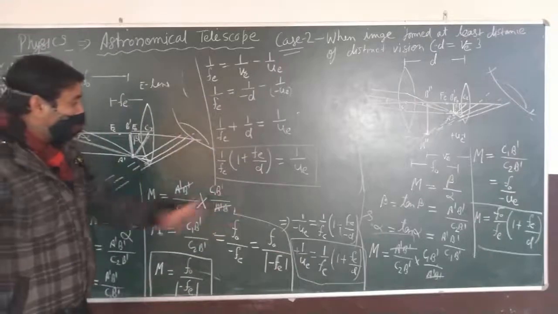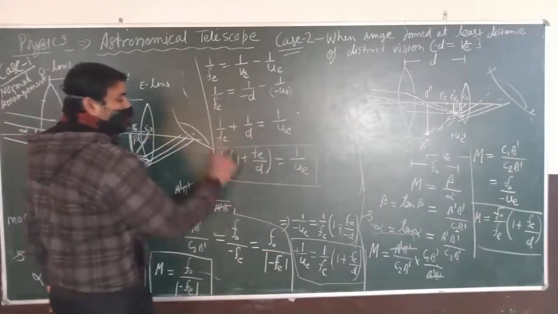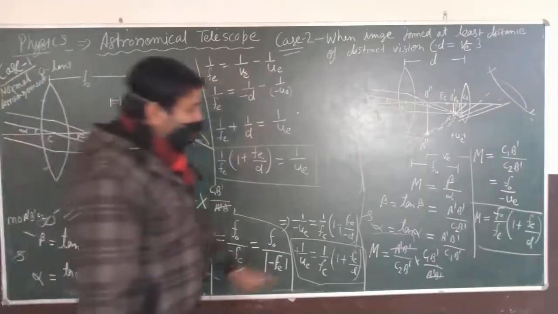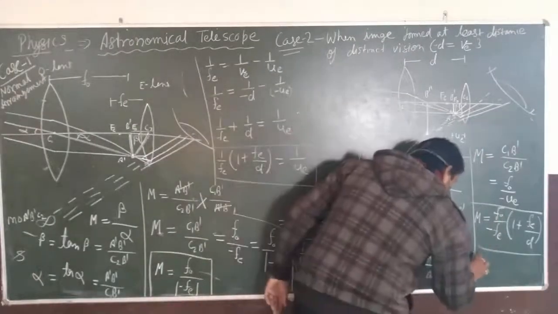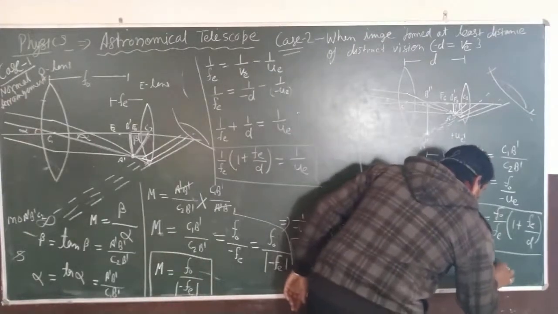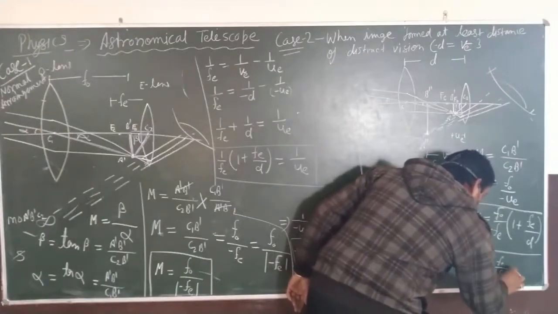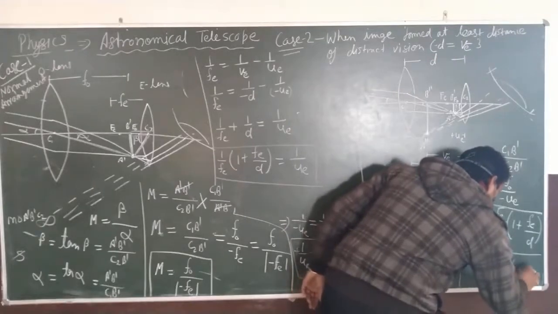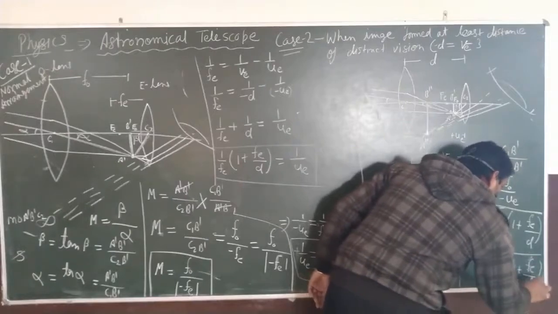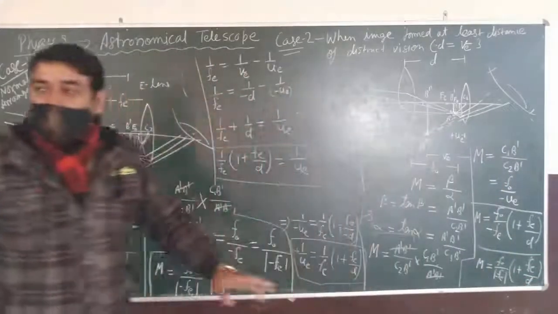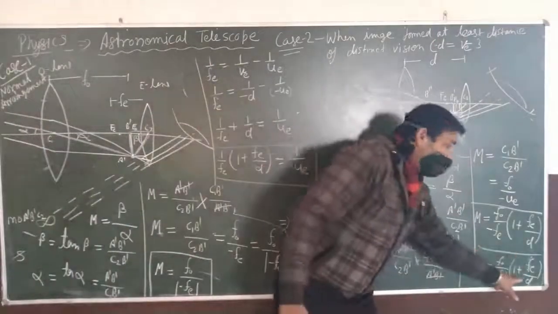Therefore we get 1 upon UV is equal to 1 upon FE in bracket 1 plus FE upon D. So our problem is clear, and we can also write this relation as M is equal to F naught mod of negative FE, 1 plus FE upon D.